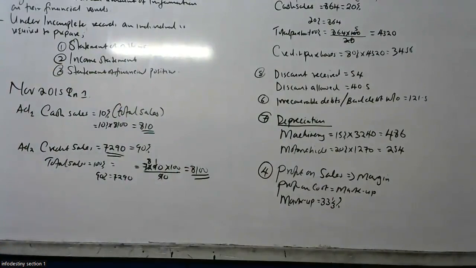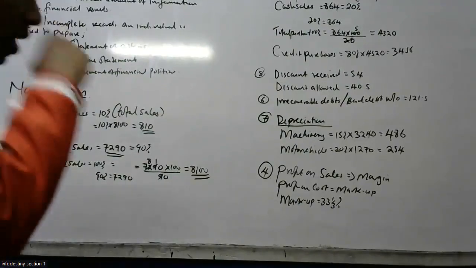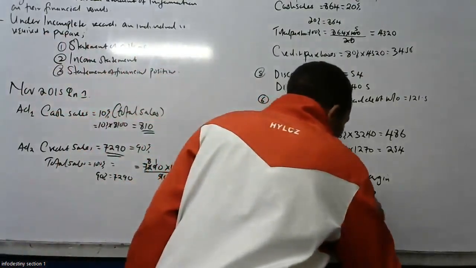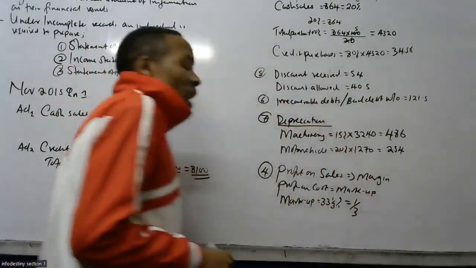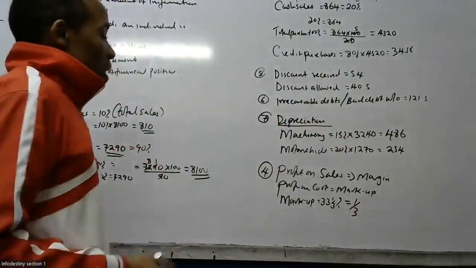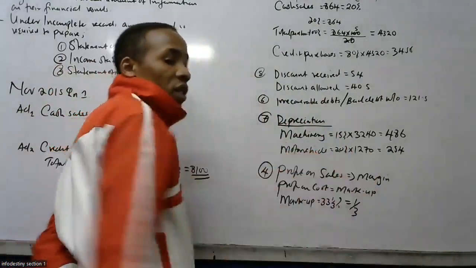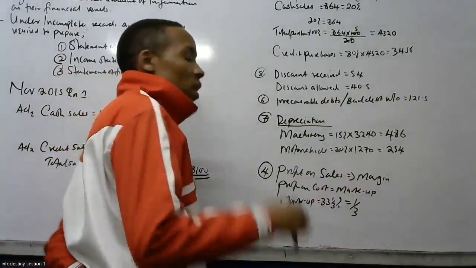If you are to express this 33 and a third as a fraction, that will give you 1/3. We say that the profit on sales is margin. And how do we get sales?